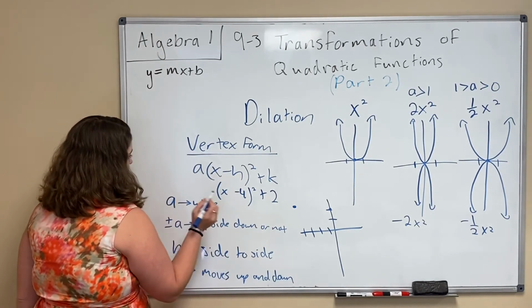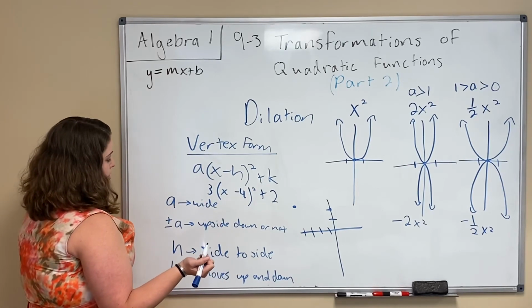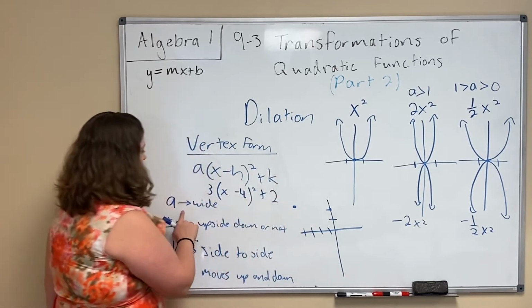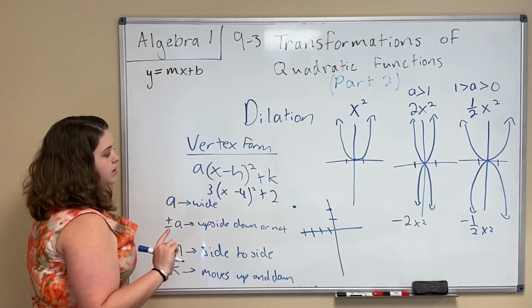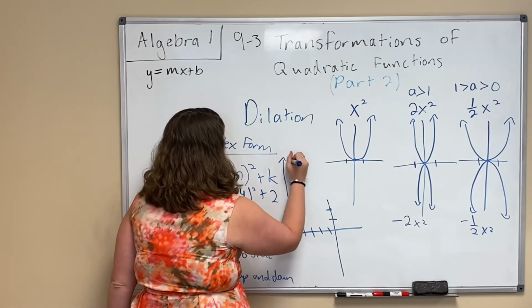And if my A was 3, then I would know that it's not going to be upside down, it's going to go up this way, and since A is greater than 1, it's going to be a really narrow parabola.